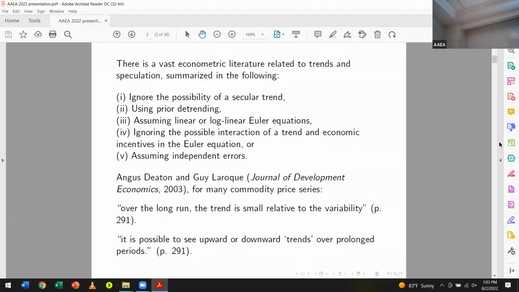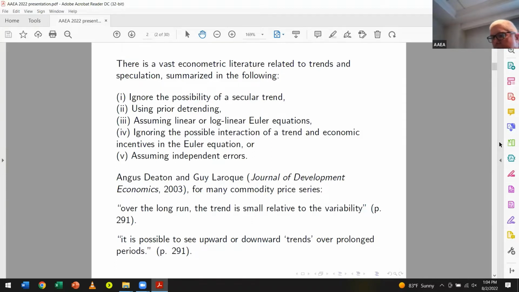Commodity prices can vary 50%, 30% per year, considering what's happening now, for example. And if the average trend is say -3% per year or something like that, it's just not important, right? And then they also say it's possible to see, if you look at the data, upward or downward trends over long periods of time.